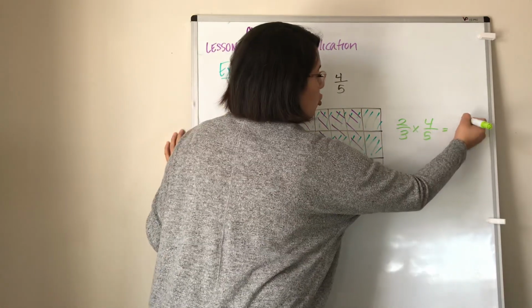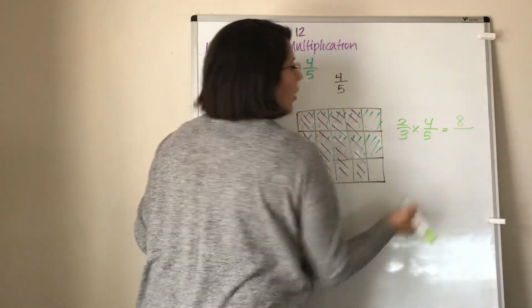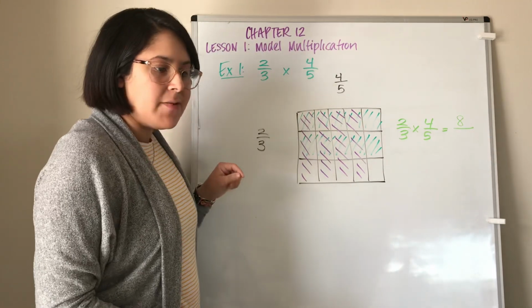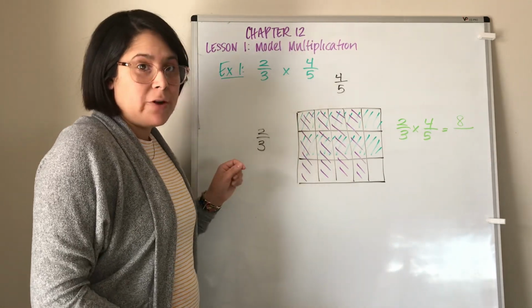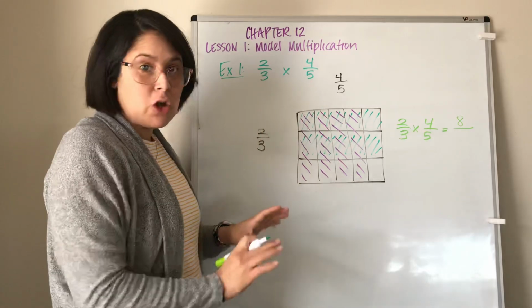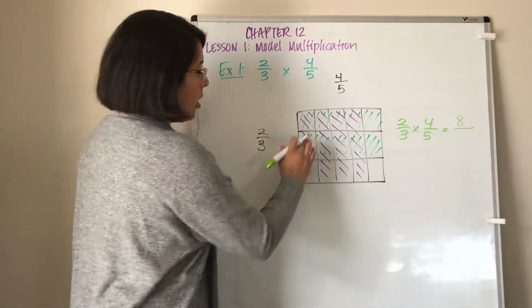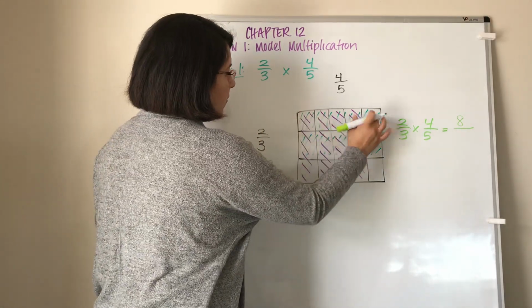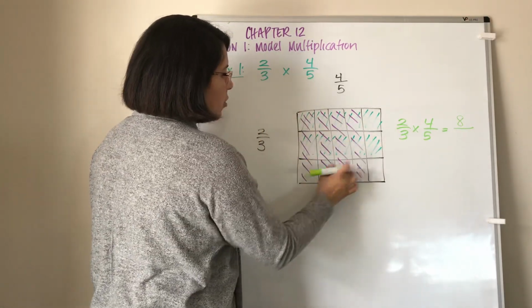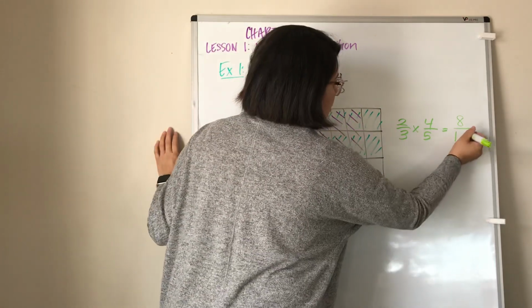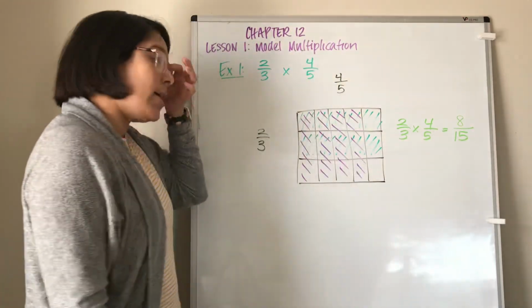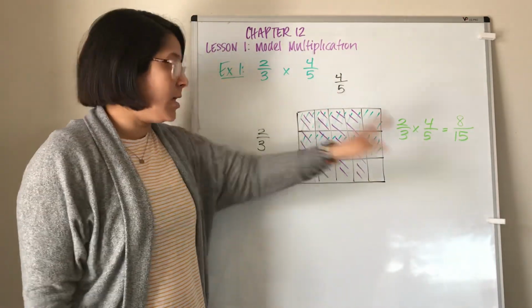That is my numerator, okay? And then step 5 says the total number of squares, all together, total, is my denominator. How many do I have? 1, 2, 3, 4, 5, 6, 7, 8, 9, 10, 11, 12, 13, 14, 15. Okay, so my answer is going to be 8/15.